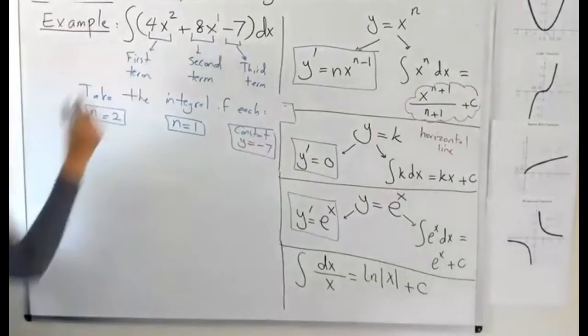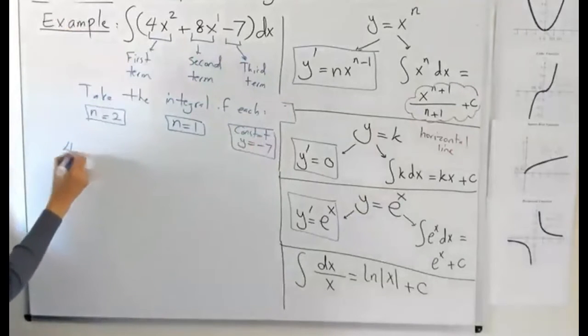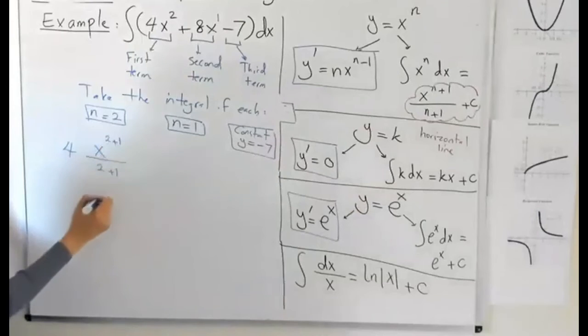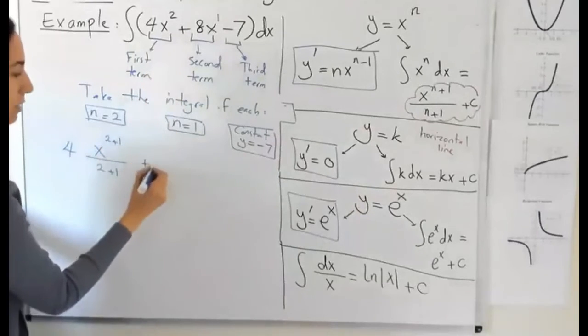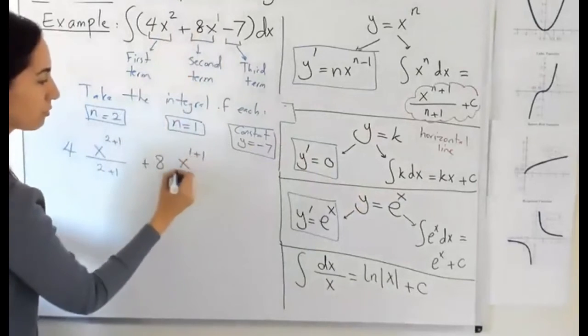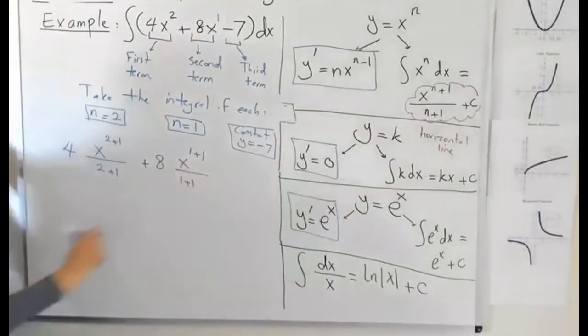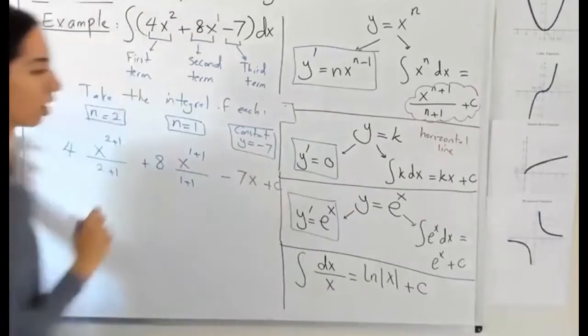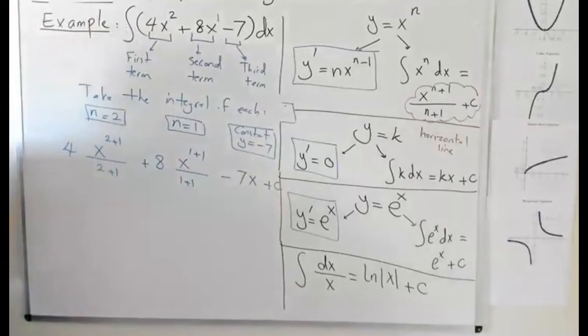Very well. The first integral is 4x raised to 2 plus 1 divided by 2 plus 1 plus 8. We have a coefficient 8. X raised to 1 plus 1 divided by 1 plus 1 minus 7x plus constant of integration.